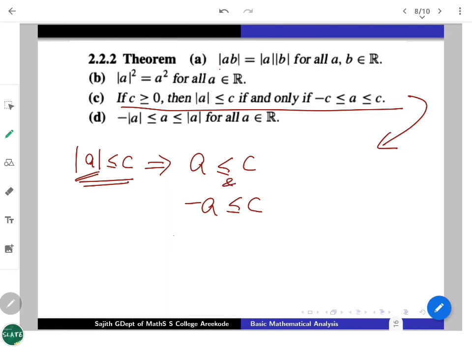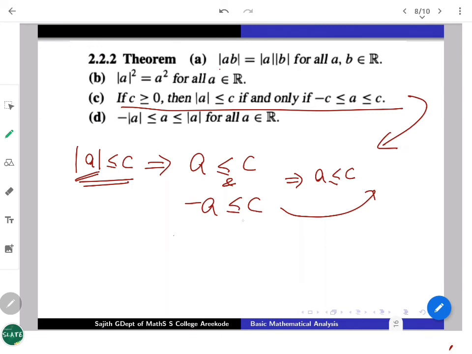But what does it imply? We are going to get A is less than or equal to C from this part. And minus A is less than or equal to C. If I multiply by minus 1 on both sides, this turns around.